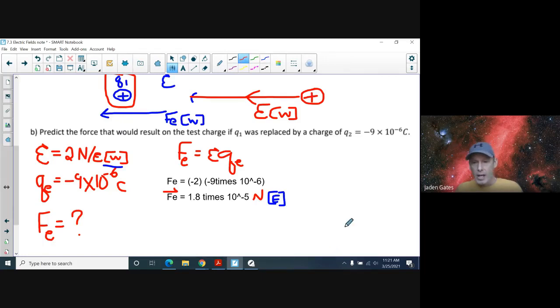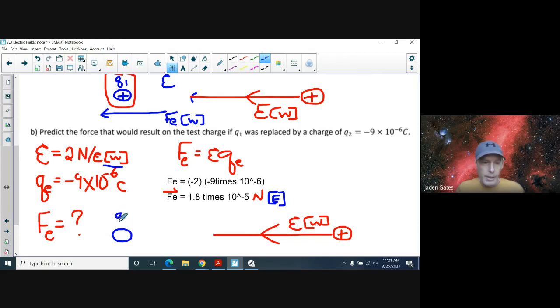I'm going to leave this picture up here I got going on. So again, I got this same charge up here, some random positive charge. It has an electric field, epsilon, that I already figured is 2 newtons per coulomb west, all right? But the charge we're talking about now is Q2. It is negative. Look at Q1 up here.